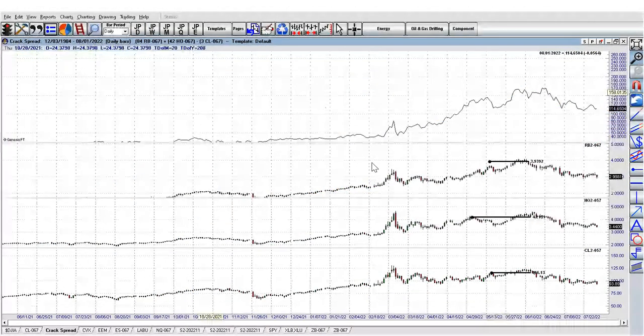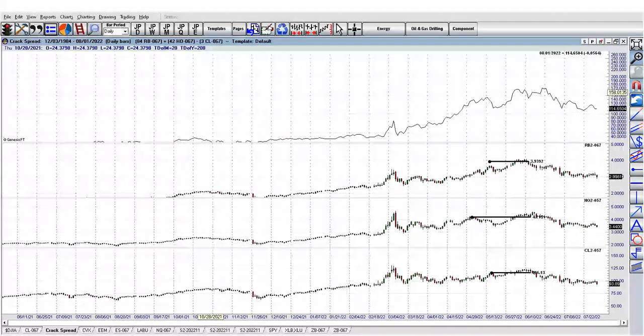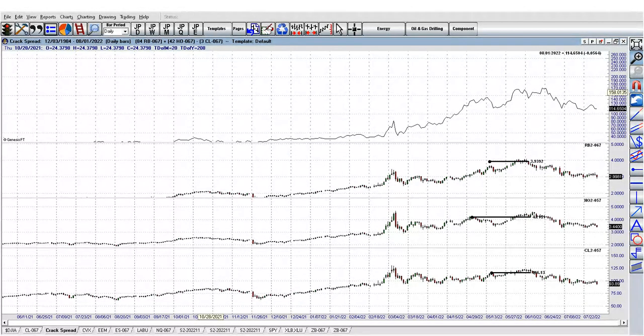If you go to this particular chart here, this is chart data, and you'll notice you can click on either a symbol or a spread, and Genesis already has custom pre-programmed crack and crush spreads in the market for us. What does this mean? The crush spread is the difference between soybean meal and soybean oil relative to soybeans themselves.